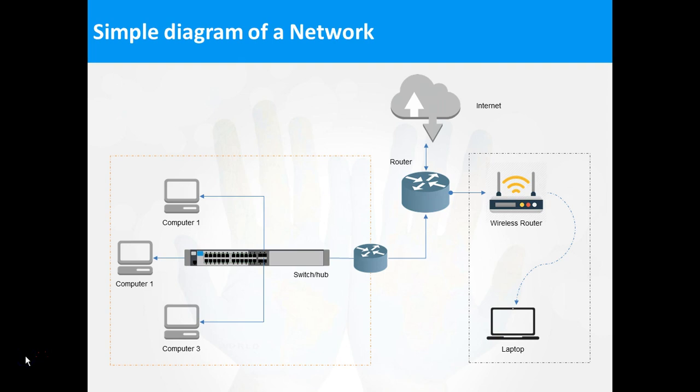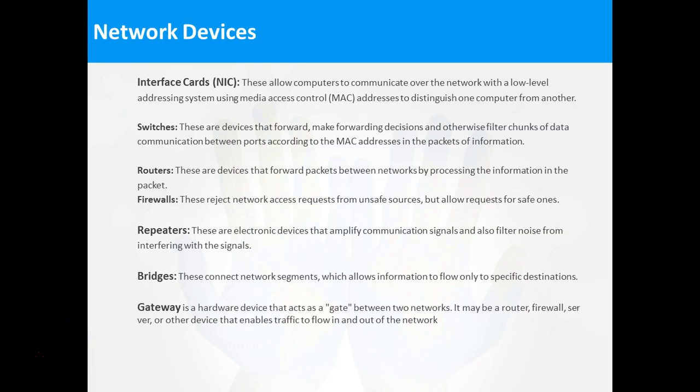These networking devices have their own functionalities. Let us see them one by one. The first one is network interface cards, which allow the computers to communicate over the network with a low-level addressing system called MAC addresses.